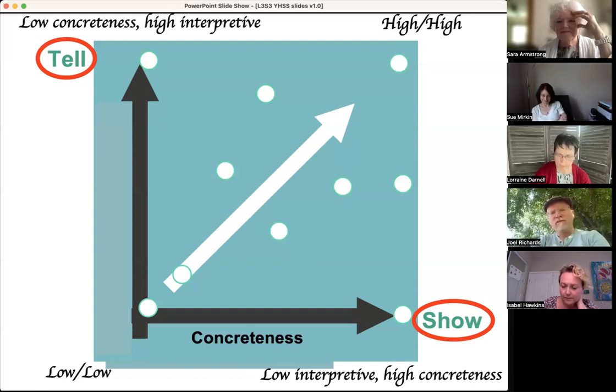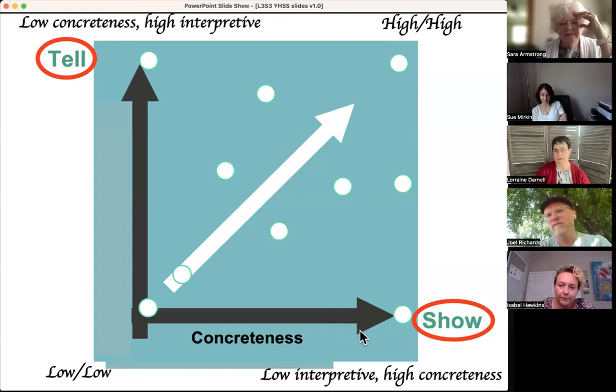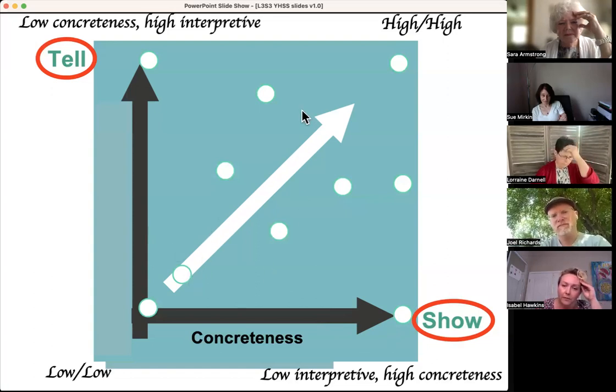So it's not without concreteness, but that part is relatively low in concreteness and relatively high in interpretive language. Now we're moving away from that lower right, more toward the high interpretive. So it's moving up.